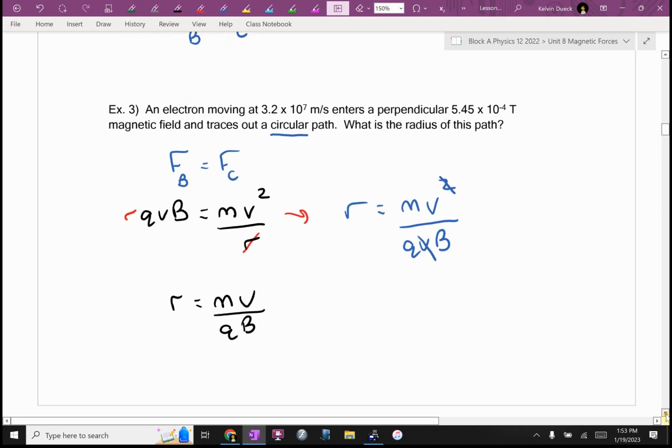Do I know the mass? It's an electron. Do I know the speed? Yep. Do I know Q? It's an electron. Do I know B? Tesla's 5.45 times 10 to the negative 4. I can do this. Mass of an electron, 9.11 times 10 to the negative 31.